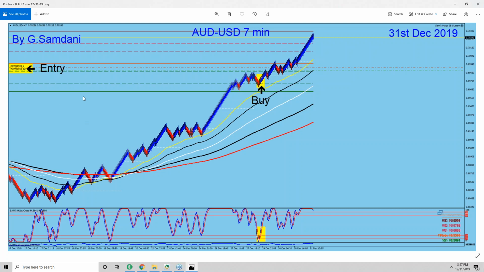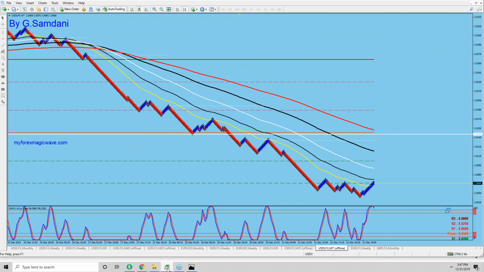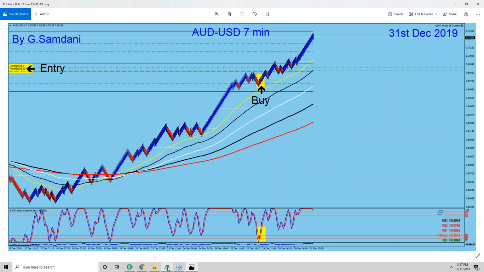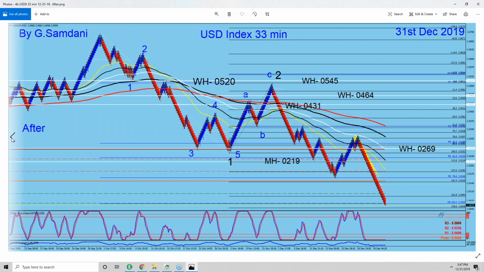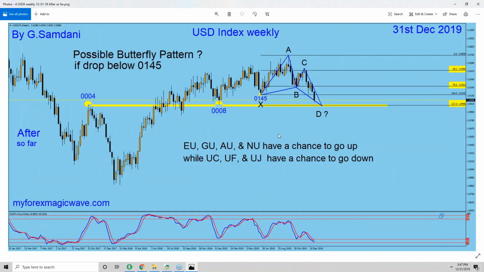So this is how it is. Plan ahead and trade your plan. Simple as that, right? I was expecting it, and it's not finished yet. The pattern is, let me see where it is now. Here. Okay, we have to go back and see the pattern for this one.